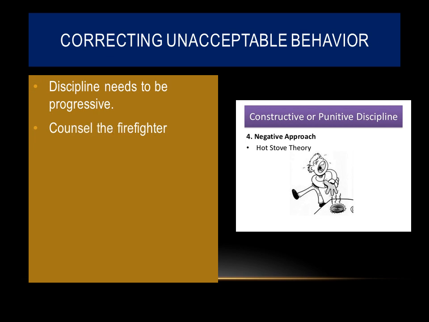So when we start dealing with discipline, one of the big things is it needs to be fair, especially if you're a company officer. The membership is going to see if you play favorites. So that's going to be an issue. Discipline has to be doled out fairly, so you have to treat all individuals pretty much alike.